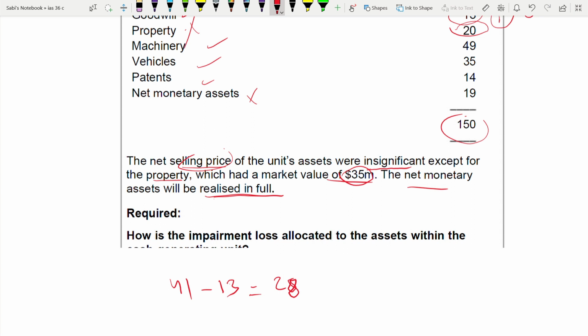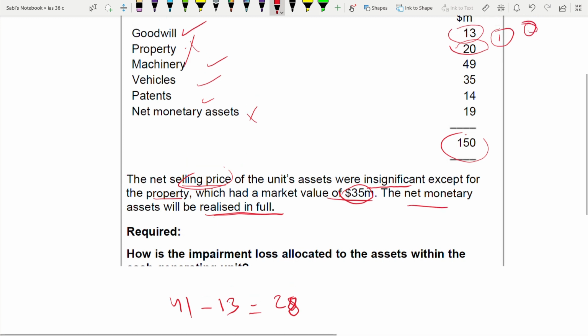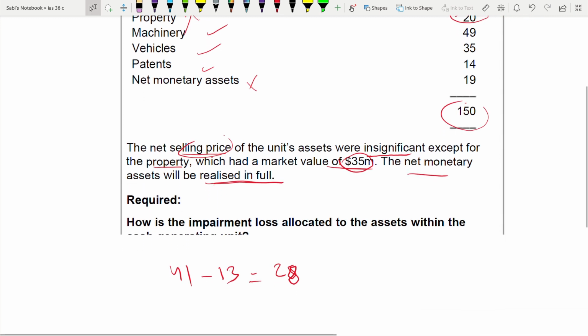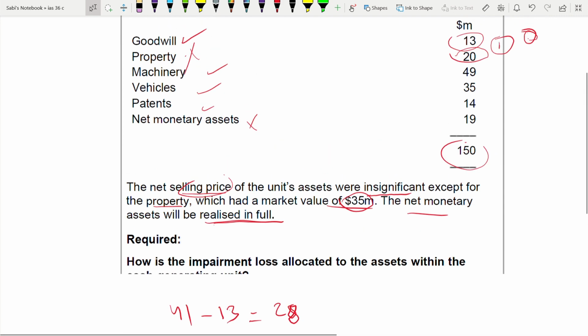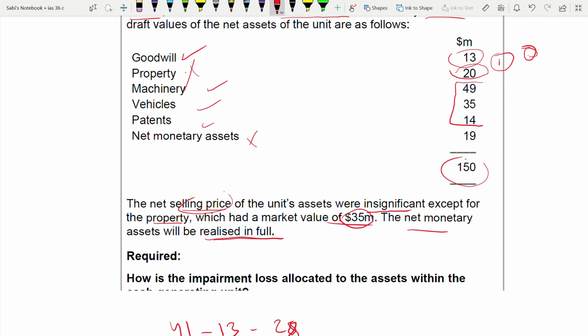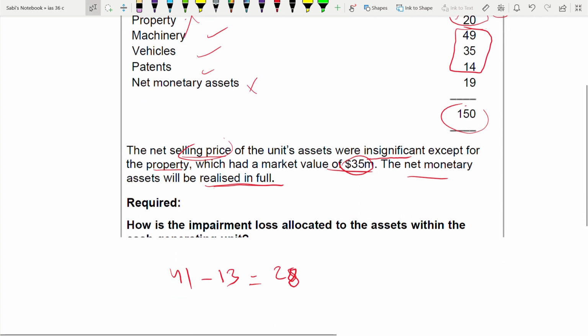How are you going to do this? How are you going to allocate this? See, this is how you need to do. You need to add all these three: 49 plus 35 plus 14, because you want to find the proportion of the carrying amount of machinery out of these three, of vehicles out of the three, of patents out of the three.